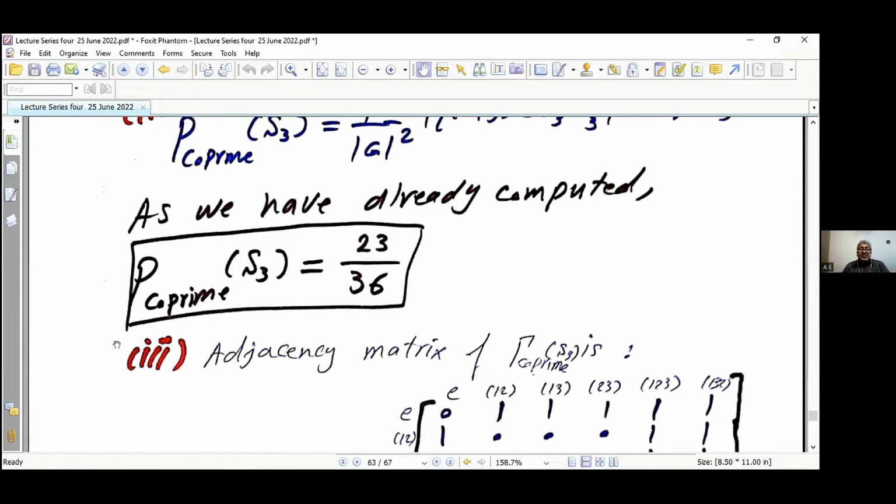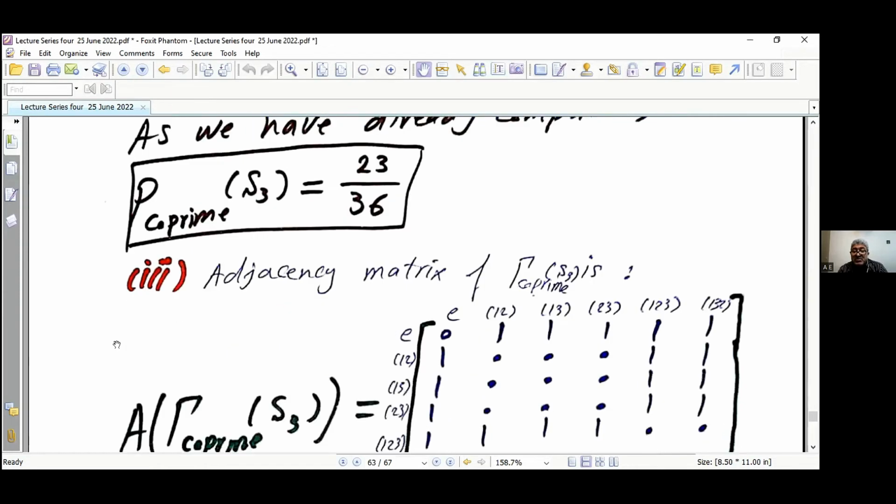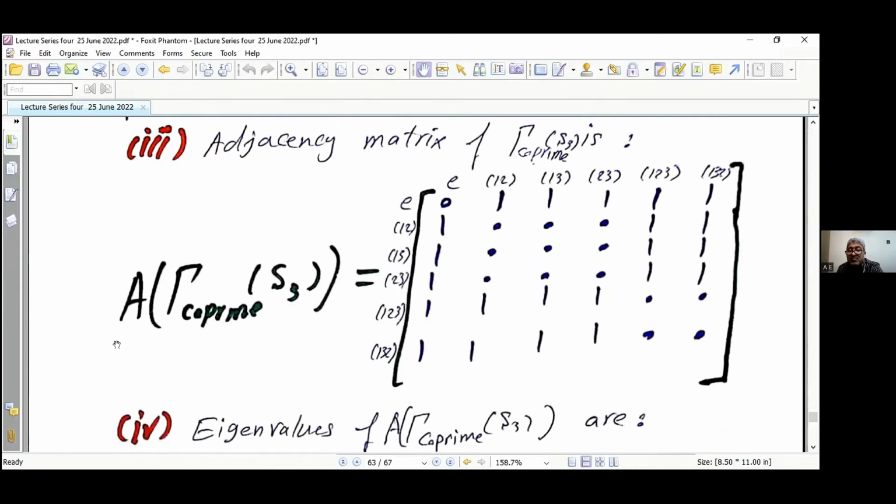Now, the adjacency matrix of the coprime graph of S3. For the coprime graph, we have 6 vertices, and by definition of the adjacency matrix, we have 0 on the diagonal, right? And for any 2 vertices, we see if there is an edge between them, and we put 1, otherwise we put 0.